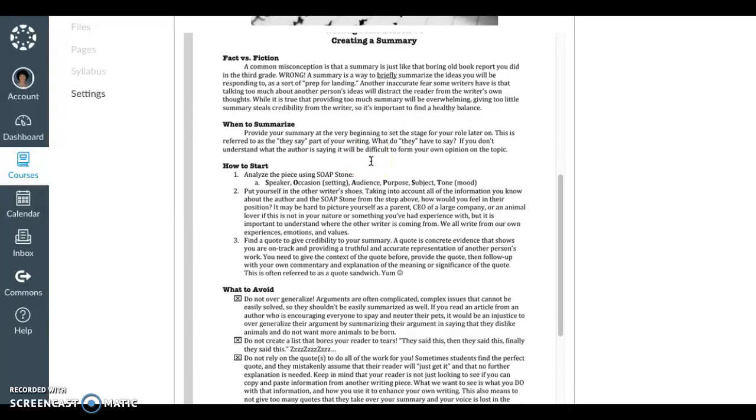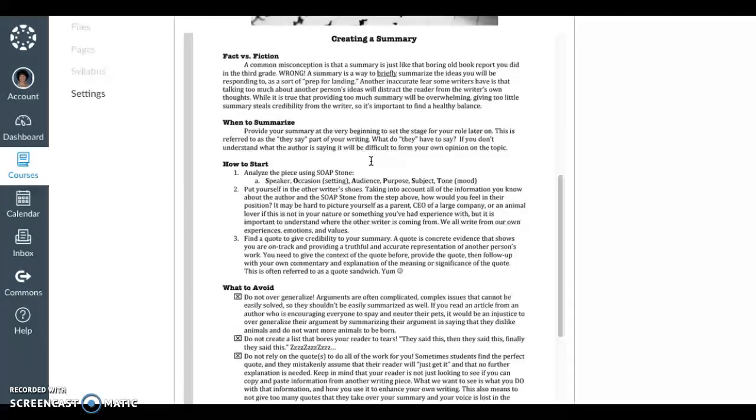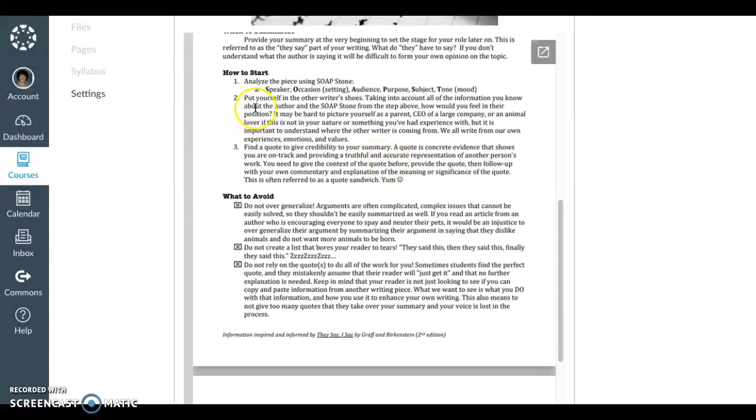So you want to provide your summary at the very beginning to set the stage for your role later on. This is referred to as the "they say" part of your writing. What do they have to say? If you don't understand what the author is saying, it might be difficult to form your own opinion on the topic. So how to start?